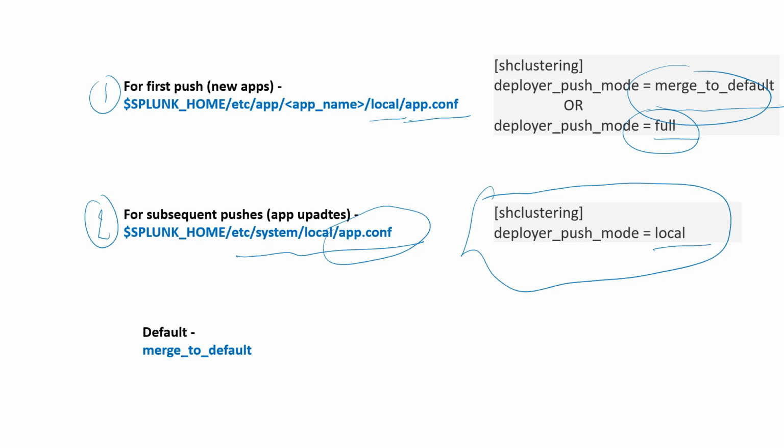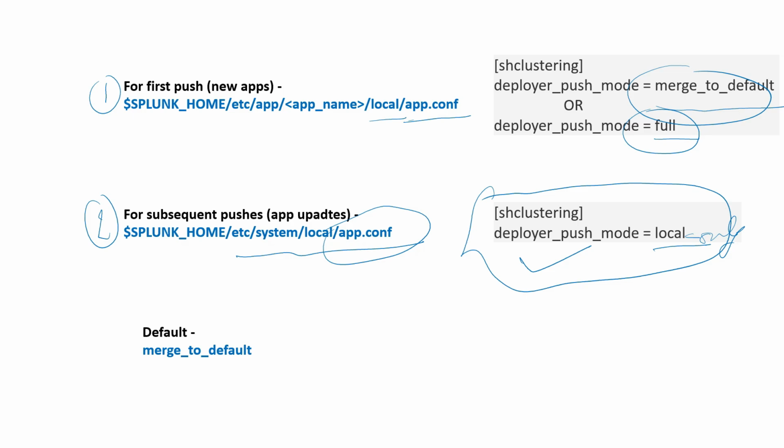Because for the subsequent pushes, right, you just need to deploy the changes, and whatever changes you will be making, you will be making inside the local directory only. I mean, it's not recommended to make any changes inside the default directory to avoid conflicts, right? So you will be making the changes inside local only, and that is the reason for the subsequent pushes for the updates you can use the deployer push mode as local only, right? And that you can define inside system local.